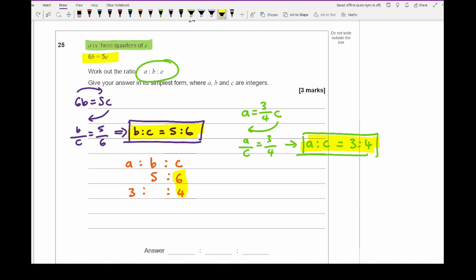So we need to think of a common multiple of 6 and 4, which is going to be 12. To get 12, I need to multiply this ratio by 2, and to get 12, I need to multiply this ratio by 3. So here, 5 times 2 is 10, and 3 times 3 is 9, and then all I need to do is check, can I simplify this ratio? No, I can't, so the ratio is 9 to 10 to 12.